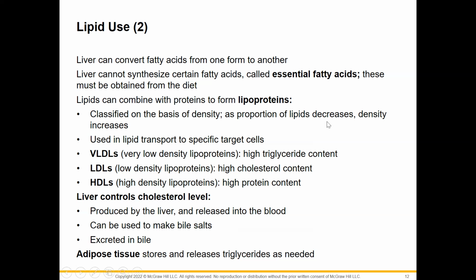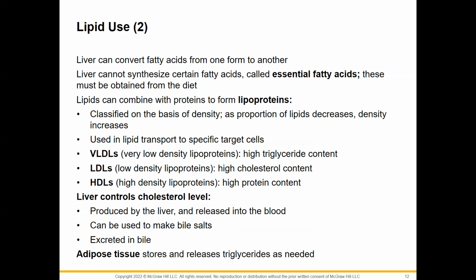What this means is, in a molecule that has a lipid and a protein attached to each other, how much lipid versus how much protein is in each individual molecule will affect how dense or how heavy it is. The more lipid you have, the less dense it is. The more protein you have, the more dense it is.